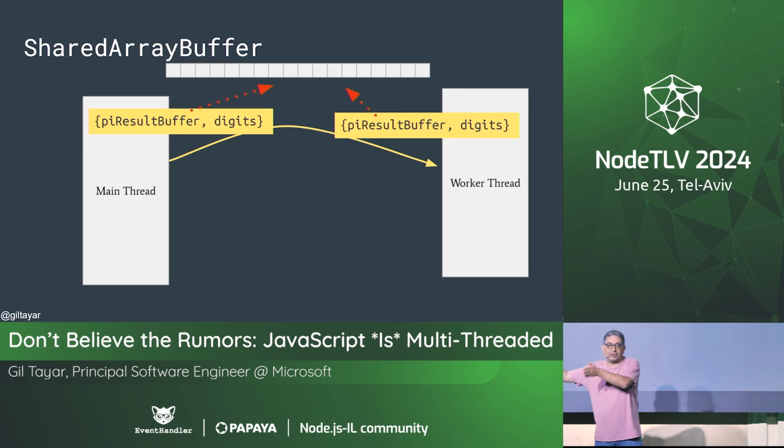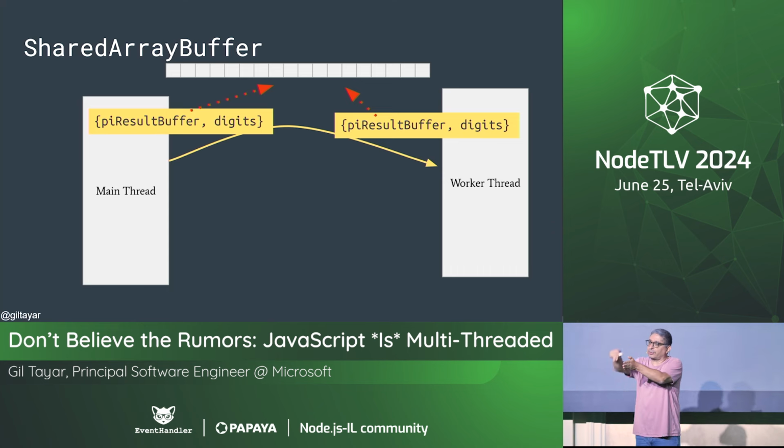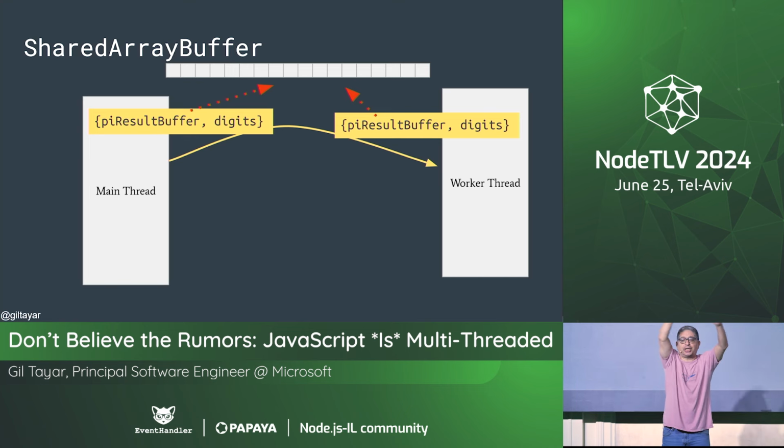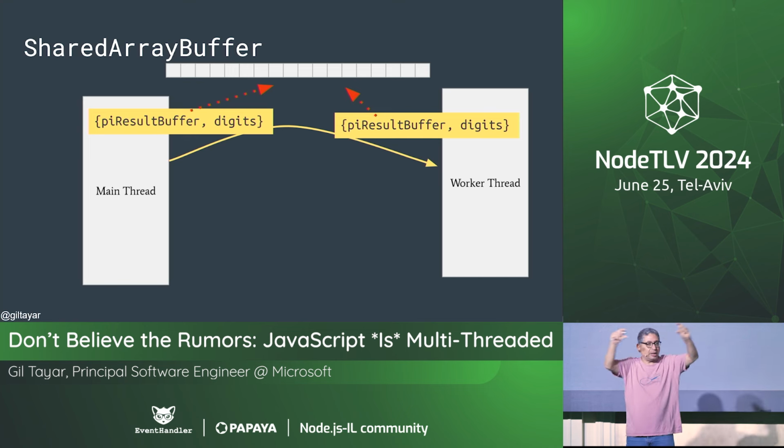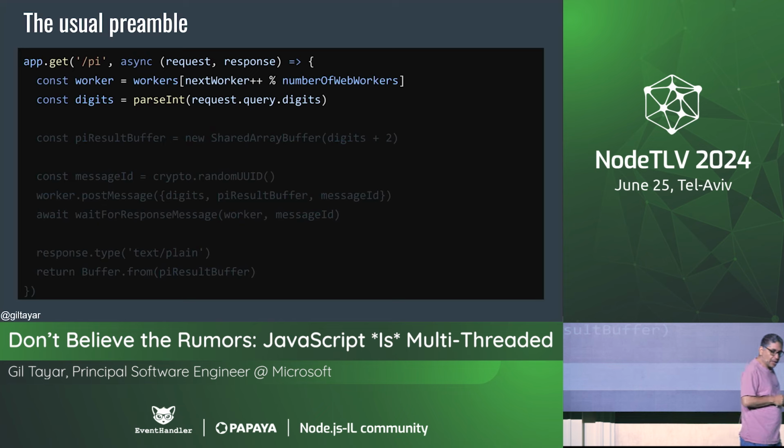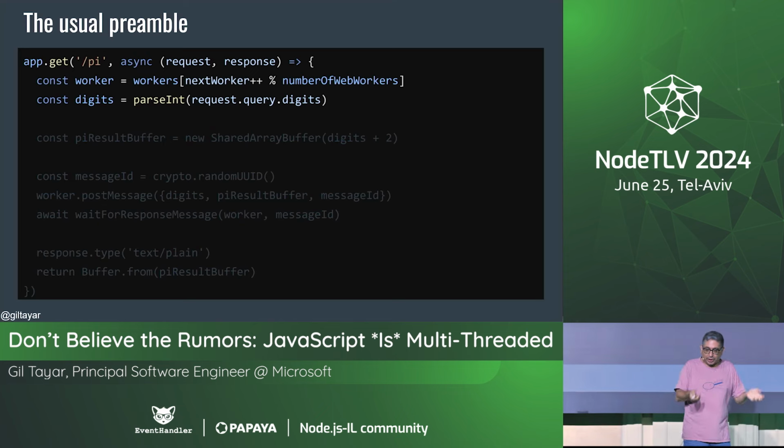It's still a copy of the result buffer that the worker thread will insert, but the copy points to the shared memory, points to memory that is shared between the 2 worker threads. Okay? So it's still a copying, but the underlying array buffer is good to go, and it's really, really shared.